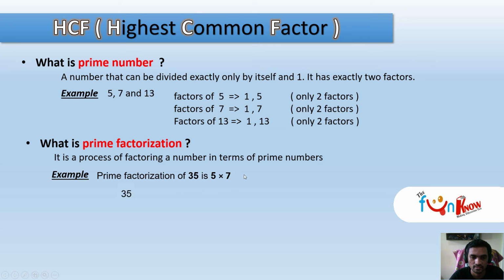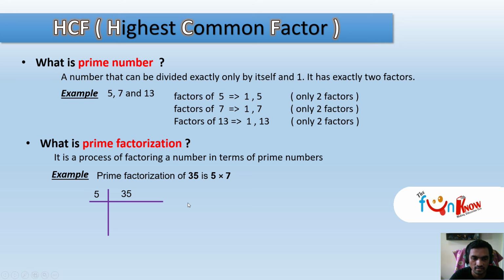But there is another technique, for when the number is greater. First, you write that number and then you try dividing it. Can you divide it by 2? No. Can you divide it by 3 or 4? No. So you try 5.